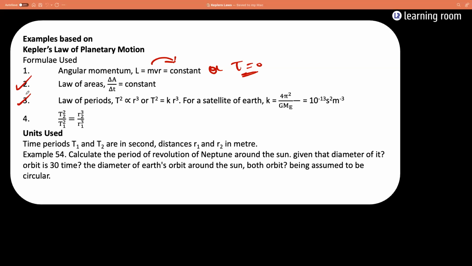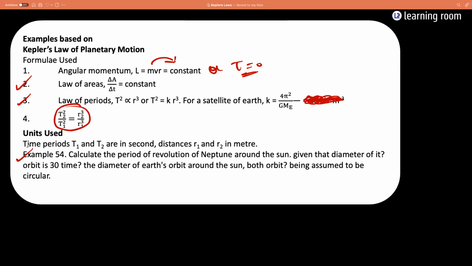T square is directly proportional to R cube, where T is the time period and R is the length of the semi-major axis. Most of the time we'll be using this on a comparative basis only: T2 square by T1 square is equal to R2 cube by R1 cube. Based on this, let's look at the first problem.